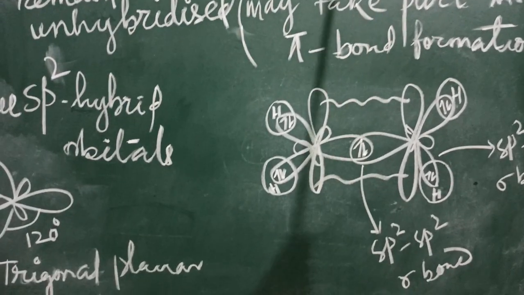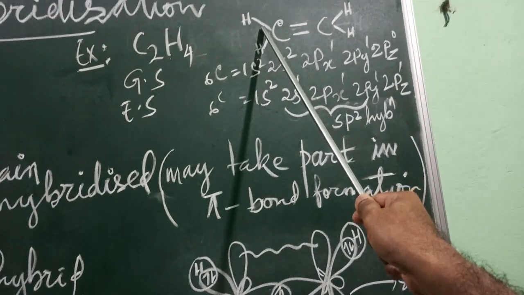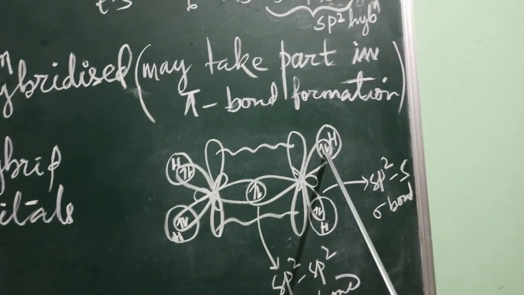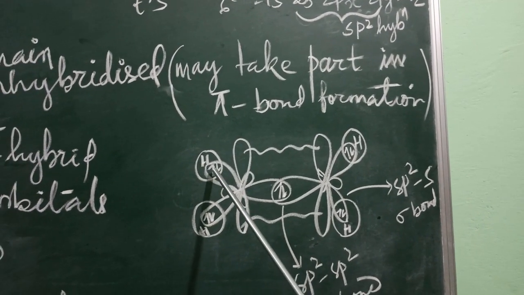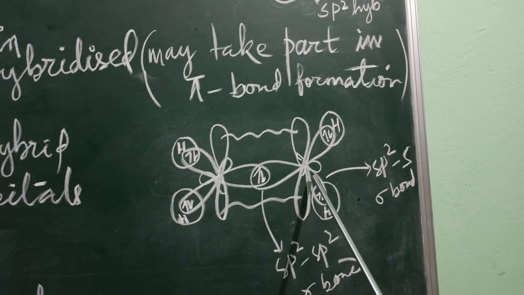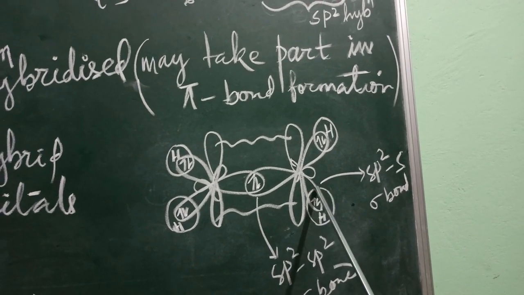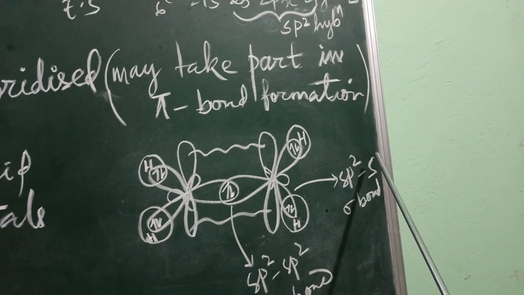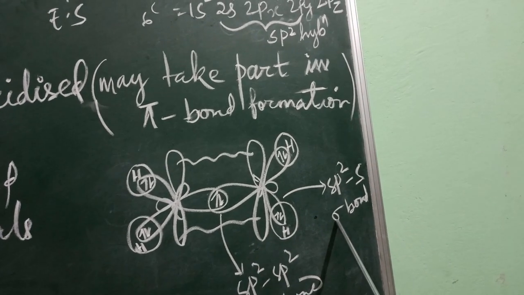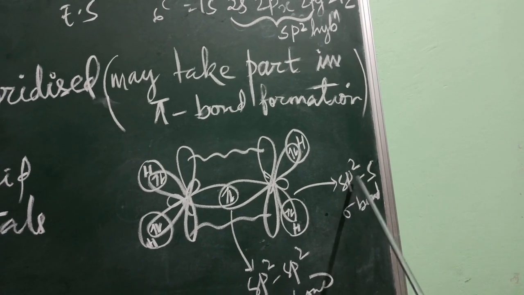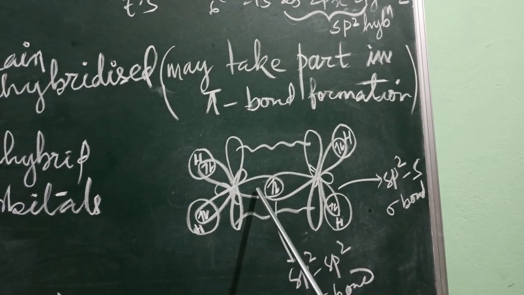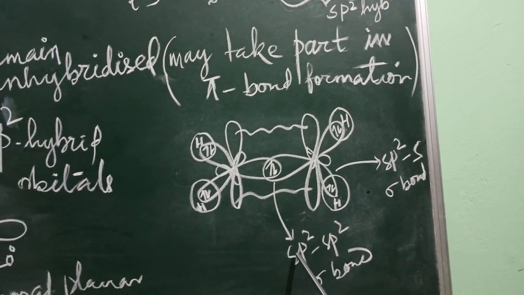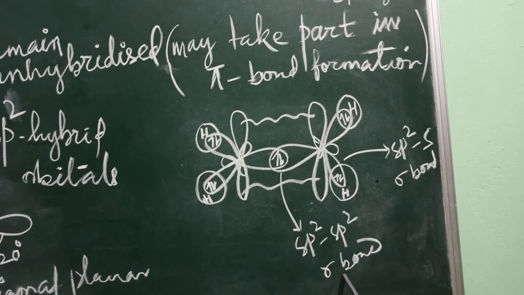Okay, so hydrogens are making sigma bonds, meaning head-on overlap. Now we can say this is the sp2 hybrid orbital and this is the s orbital. They are overlapping head-on, hence a sigma bond is formed, an sp2-s sigma bond. This overlap is between two sp2 hybrid orbitals head-on, hence an sp2-sp2 sigma bond.